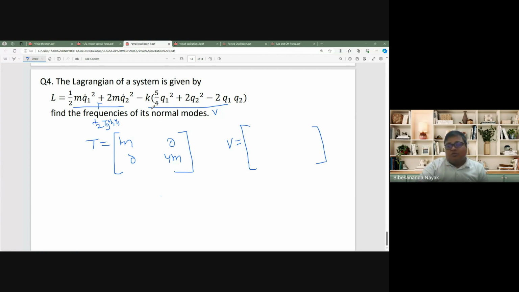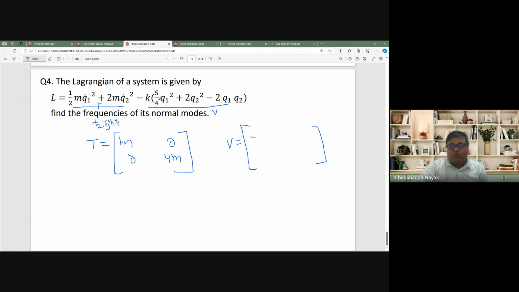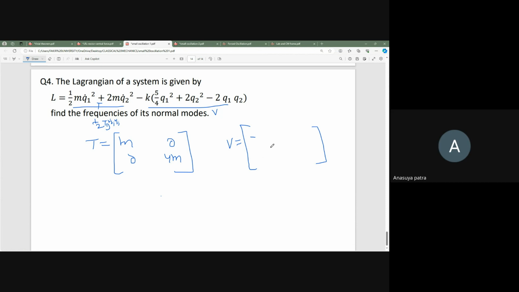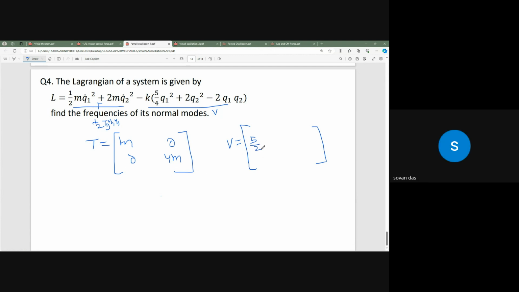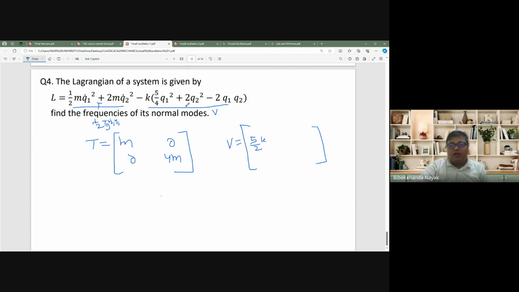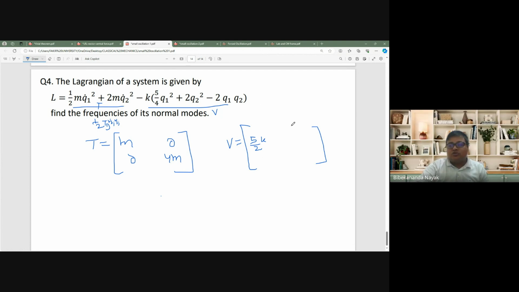So what is V? Tell me. For V, similarly, half Vij eta i eta j. Half is already here, so it is 5 by 2k here, and this one is minus 2k. If you take half common, it will be minus 4, so it will be minus 2k.